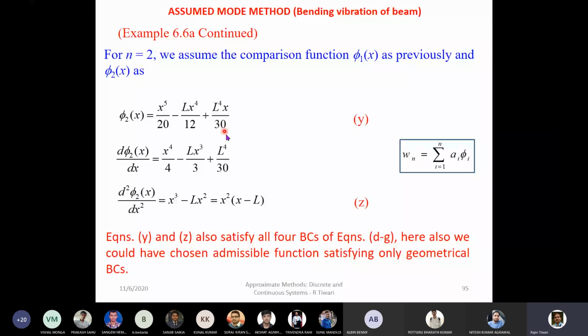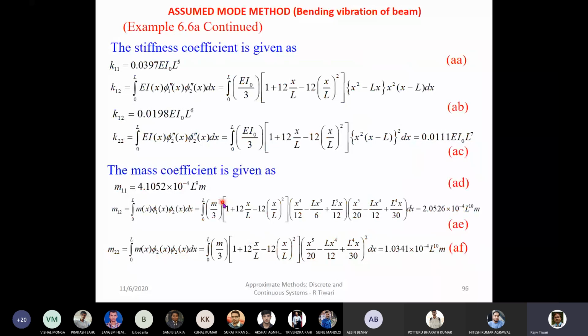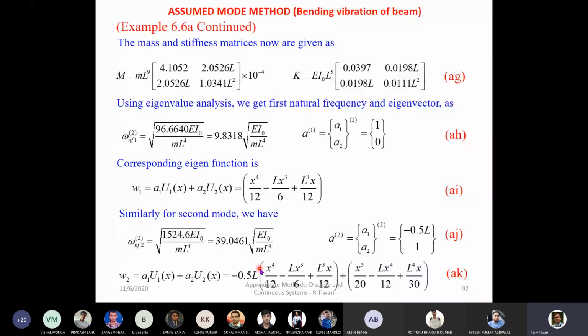So now we'll calculate k11, k12, k21 will be similar, k22 using the new functions. Similarly, the mass coefficients m11, m12, m22. So this will give us the mass matrix and the stiffness matrix. These are the new mass matrix and stiffness matrix corresponding to the new comparison functions chosen.